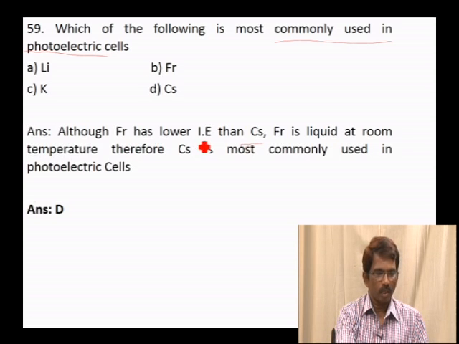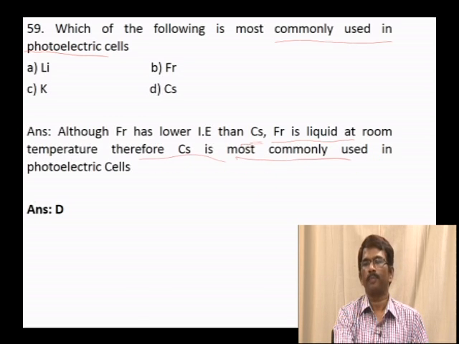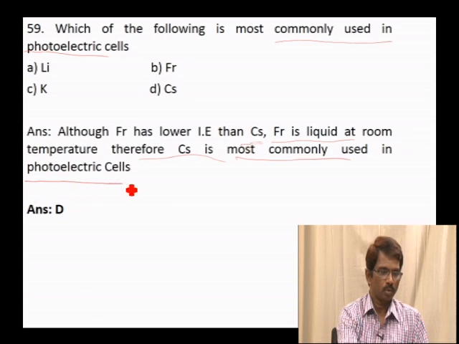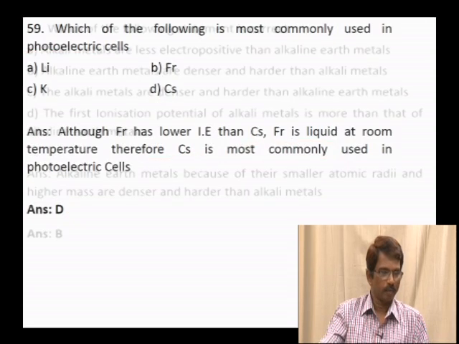Though francium has lower value of ionization enthalpy than cesium, francium is a liquid at room temperature and therefore cesium is most commonly used in photoelectric cells, and therefore cesium with option D becomes the correct answer for question number 59.